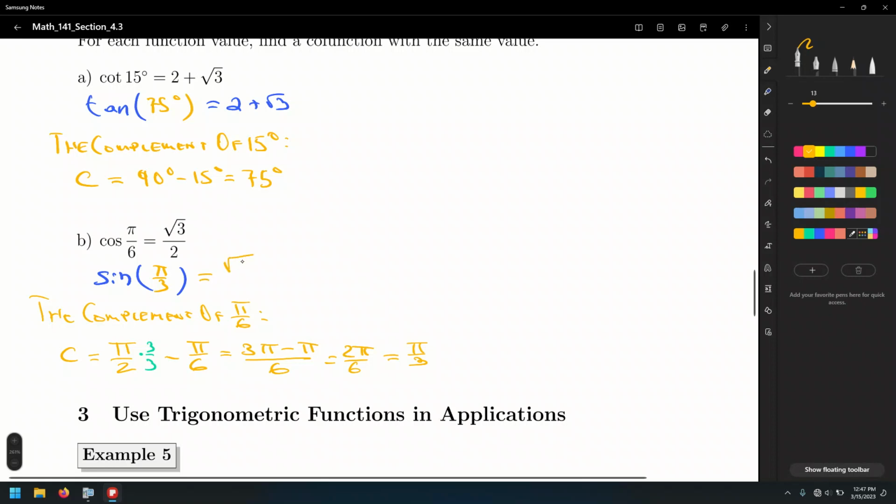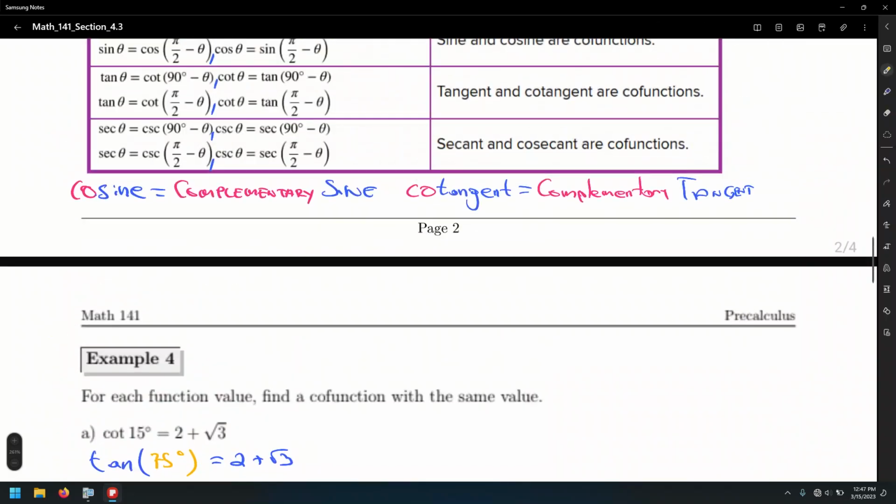And sine of pi over 3. Let's verify that. Interesting. Is this the same value? Is sine of pi over 3 the same as cosine of pi over 6, which is root of 3 over 2? In this case, I'm not going to use the graphing calculator the same way I did for letter A, because for letter A, I didn't have a reference point on the unit circle for the angle of 15 degrees, the way we do for 30 and 60 degrees. So let me go back to the triangles and the points on the unit circle from the previous page.